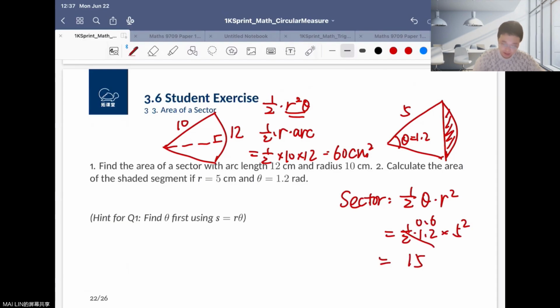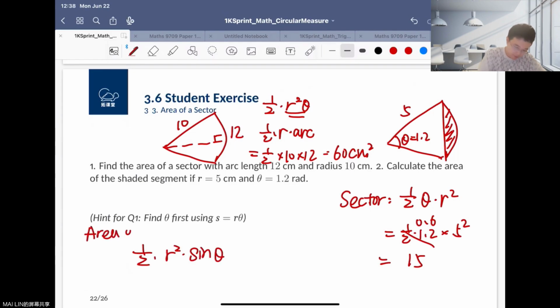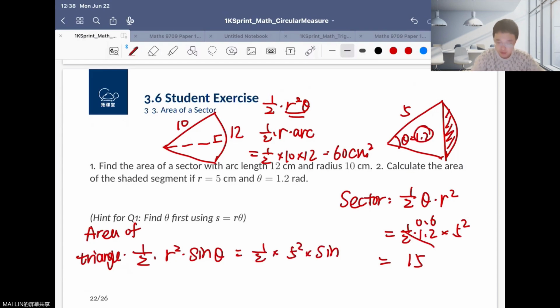And for the triangle's area, you can use a half times r squared times sine theta. So you use a half times 5 squared times sine of 1.2. Please remember you have to convert into degrees, so that is 1.2 times 180 degrees over pi. Just use the calculator to calculate this value, and then use the sector's area minus the triangle's area. So you can find your final answer for the segment area.